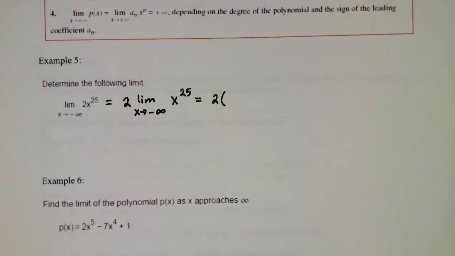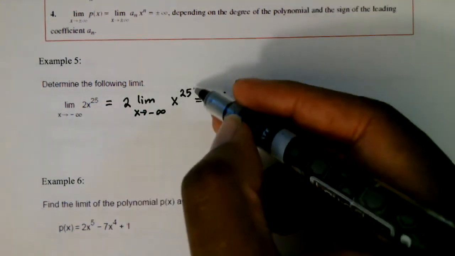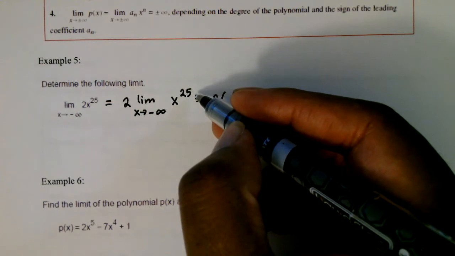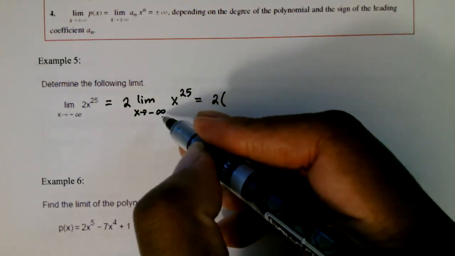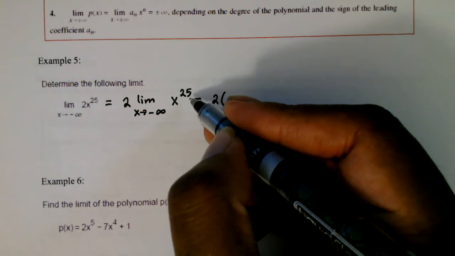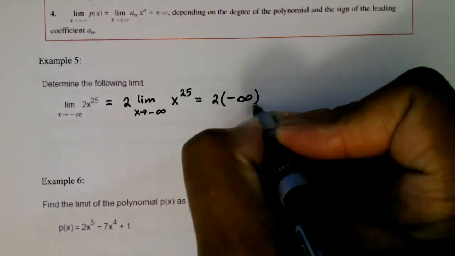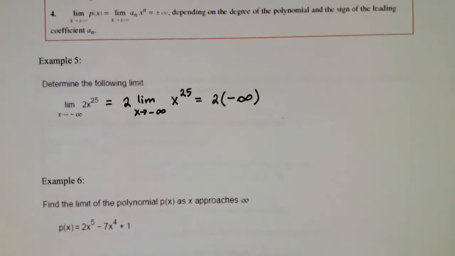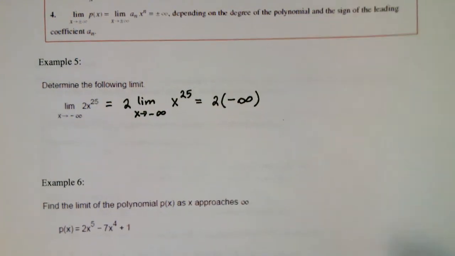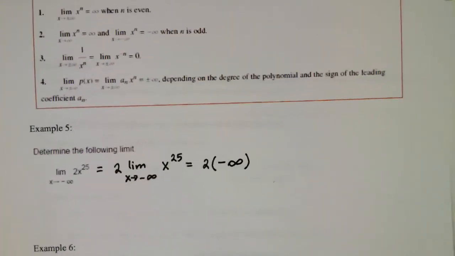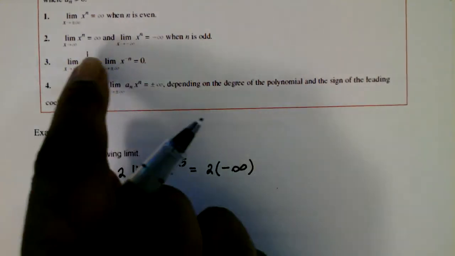Now, let's think about this for a moment. Here, our exponent is odd. So as we let x approach negative infinity, x to the 25th will be approaching negative infinity. I'm using rule number 2 here.